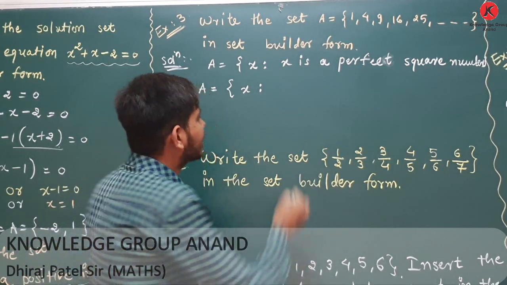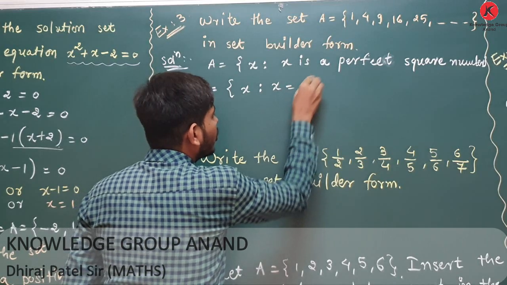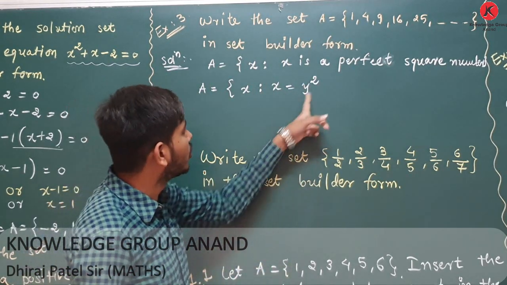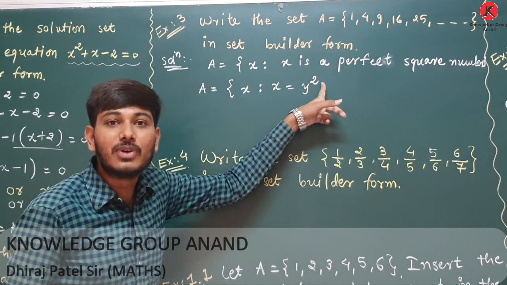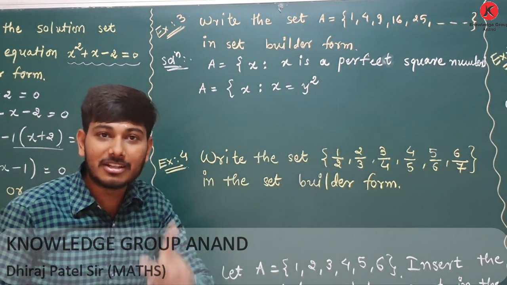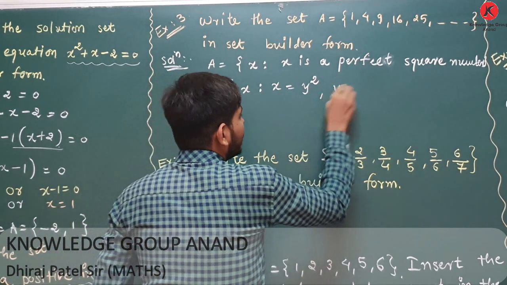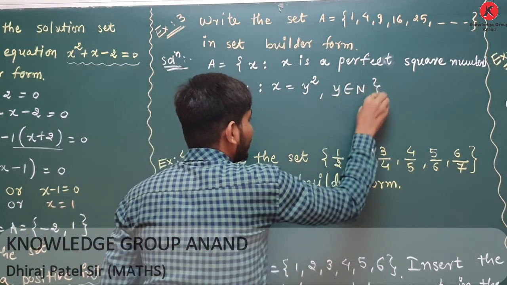That means x equals y squared, where you have to mention y belongs to natural number.